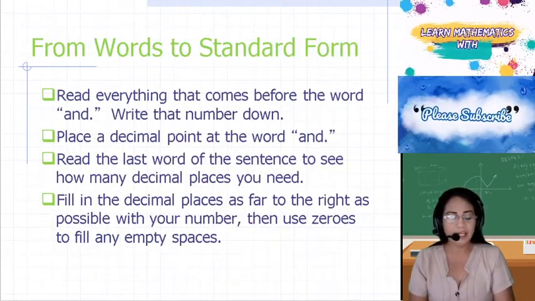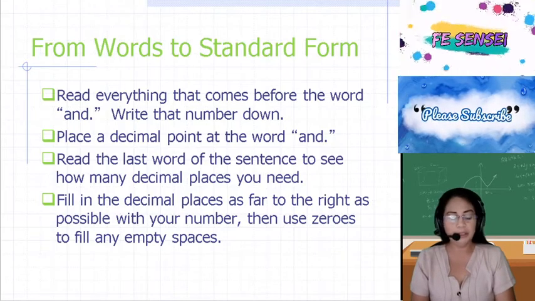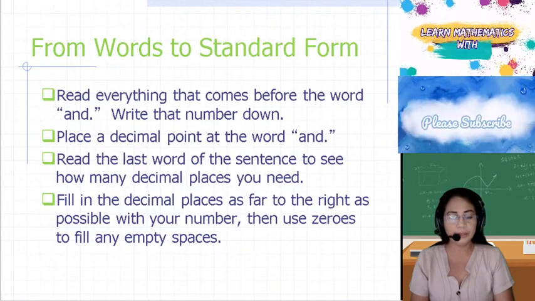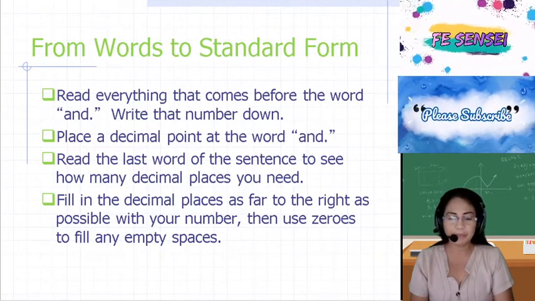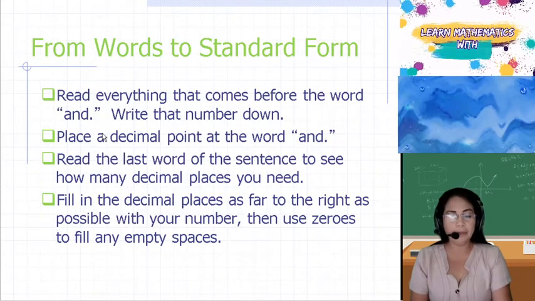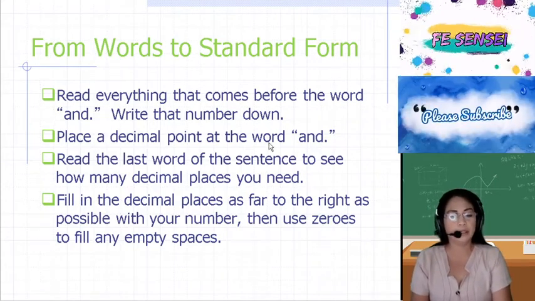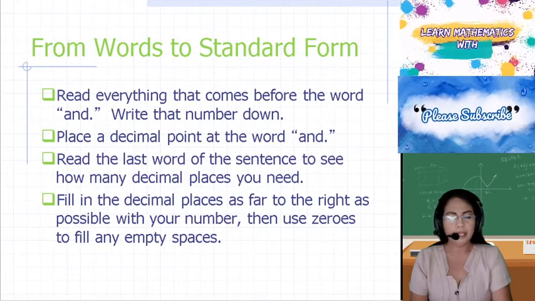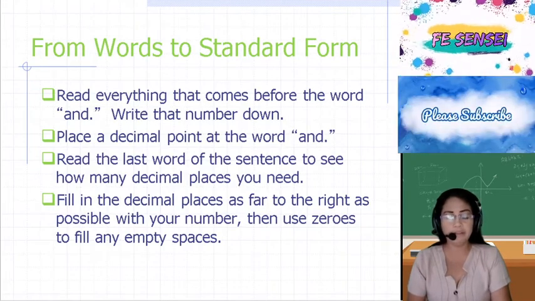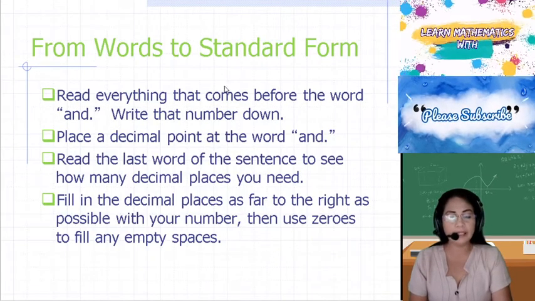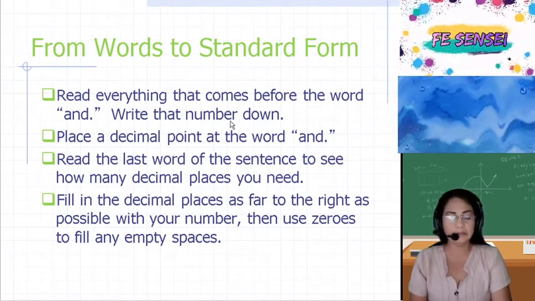Now, from words, we're going to write it into standard form. First, read everything that comes before the word "and." The number before the decimal point, read it, then write that number down.